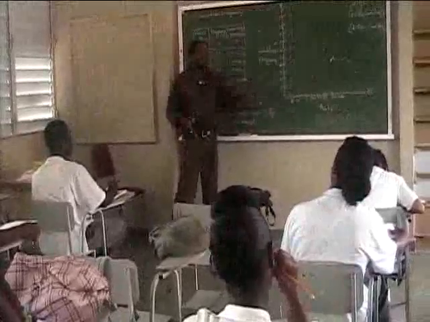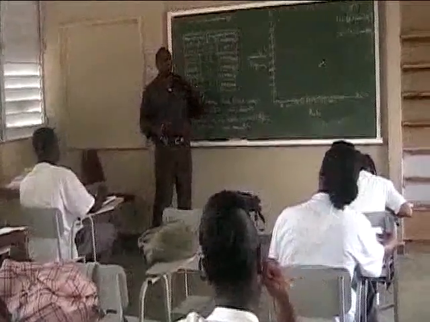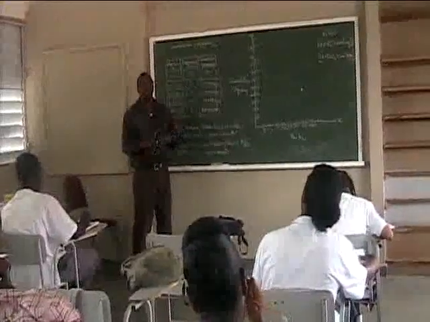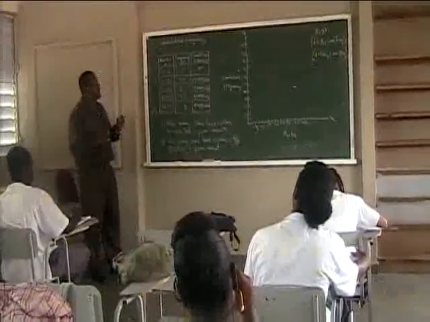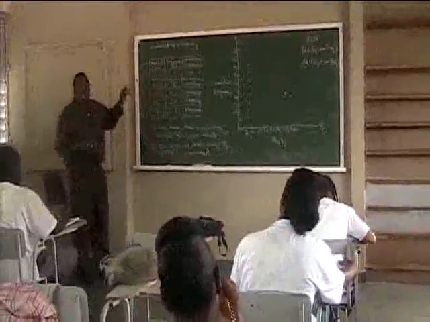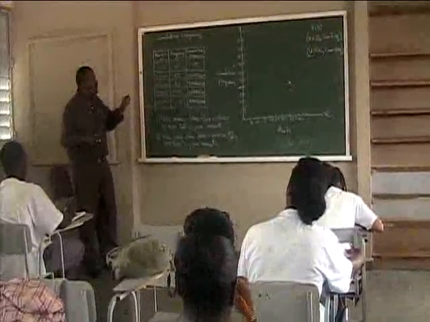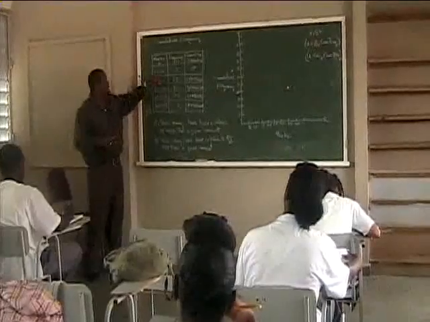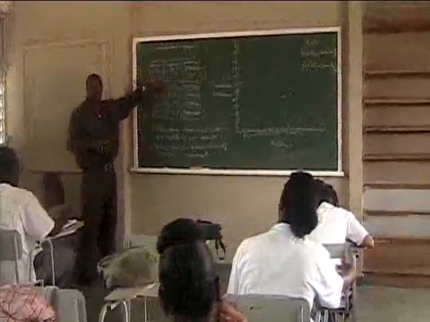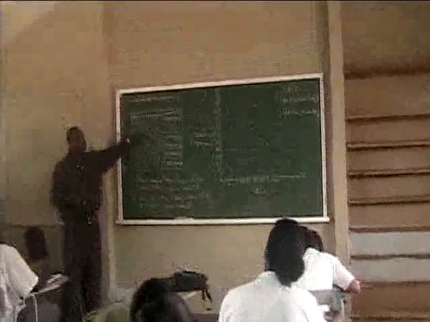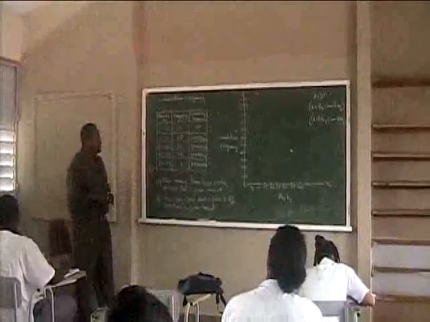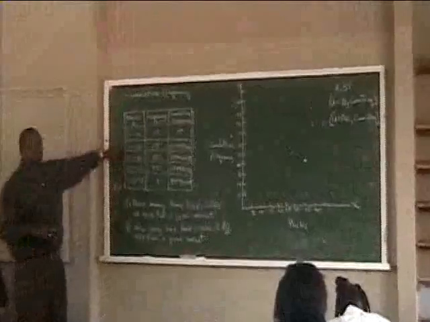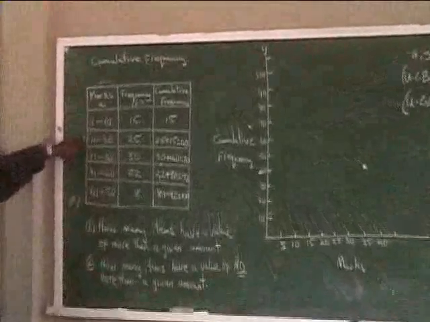And so we are going to use the upper class limit. And what is the upper class limit? As I told you, the easy way to find it is that it is the maximum value seen in a class. So the upper class limit in this class will be 10, because this is the maximum value that is seen, and the lower class limit of this class is 1. What is the upper class limit of this class? 20.